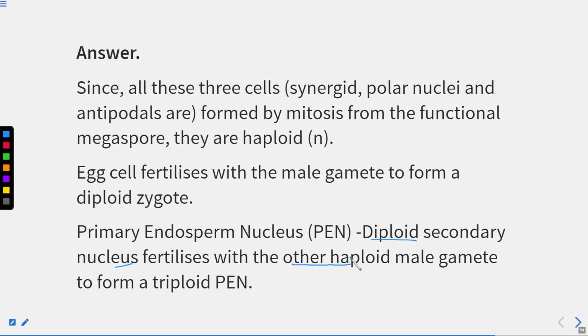There are two male gametes produced by the pollens. One fertilizes the egg cell, and the other fuses with the primary endosperm nucleus. It then forms the endosperm, which is triploid.